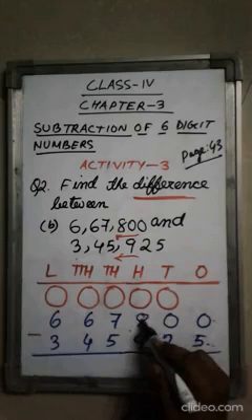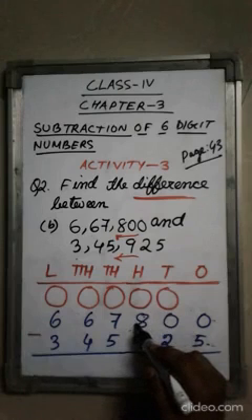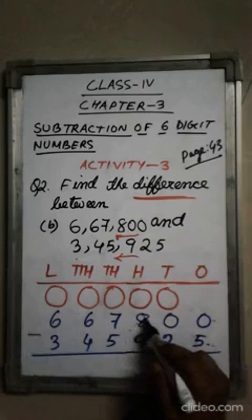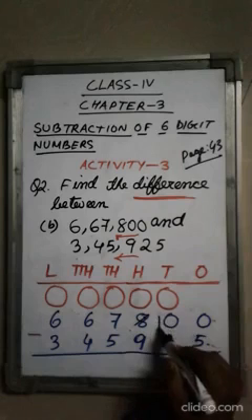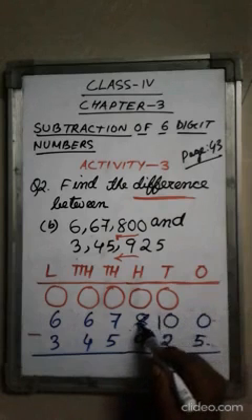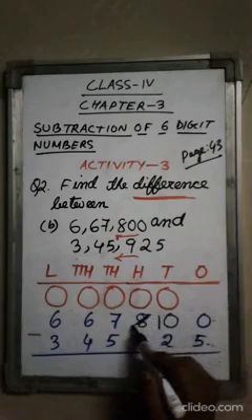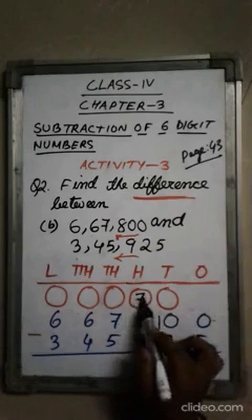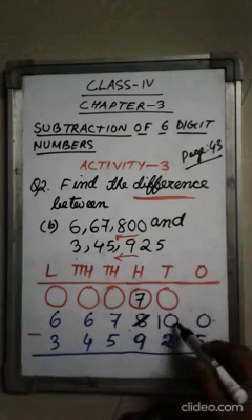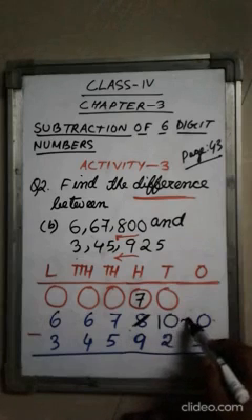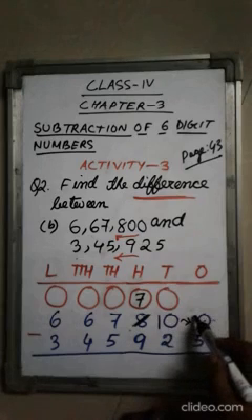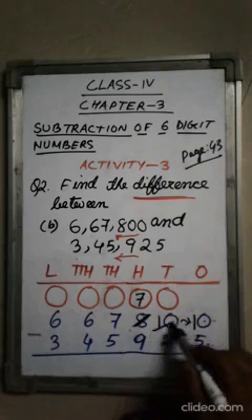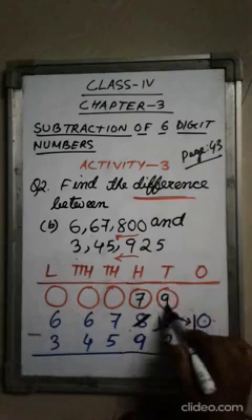Here we have 8, so we can borrow 1 from 8, it becomes 10, and this 8 after borrowing 1, it will become 7. From 10 I can again borrow 1 for this place, so it will become 10, and this 10 will become 9.